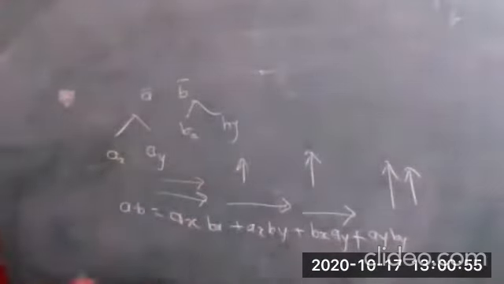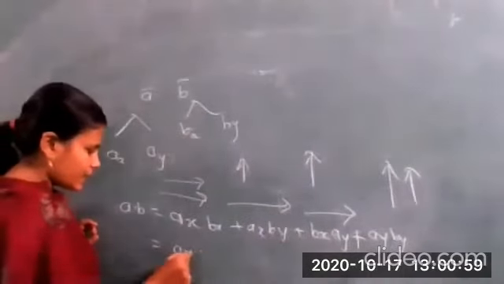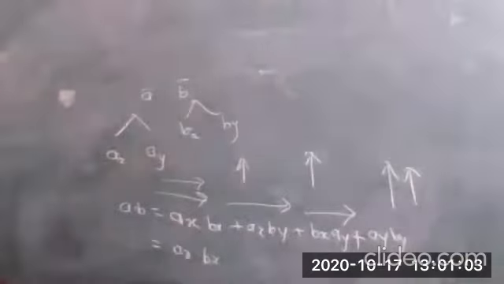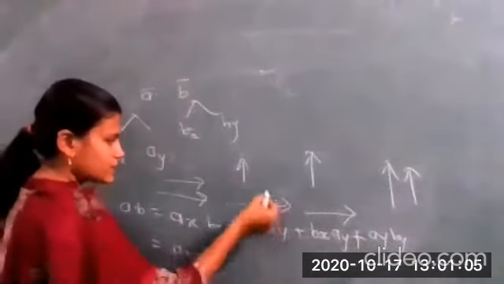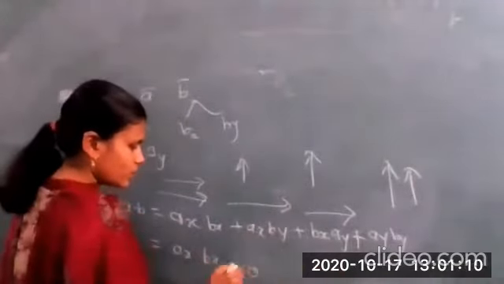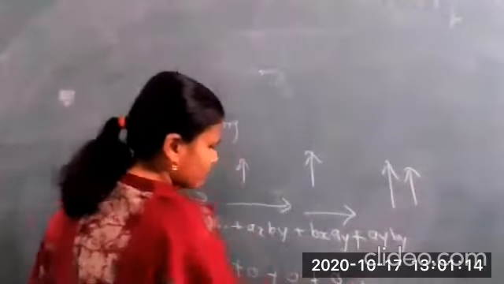Obviously the angle between them theta is 0. So I can simply write AX BX, cos 0 is 1. What is the angle between the x and y axis? It is 90 degrees. So obviously the dot product of these two will be 0. So we remain with the last one, that is AY BY.